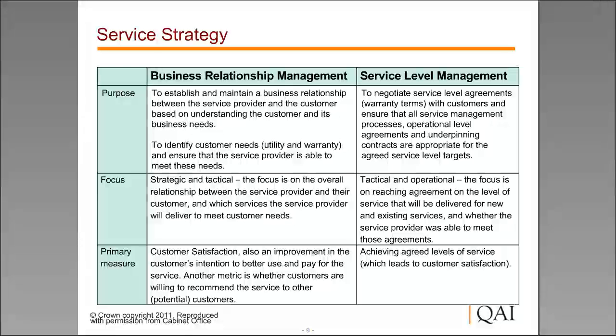So the BRM role is more strategic and tactical, and the service level manager's role is more tactical and operational. That is the new process they have added in the service strategy.